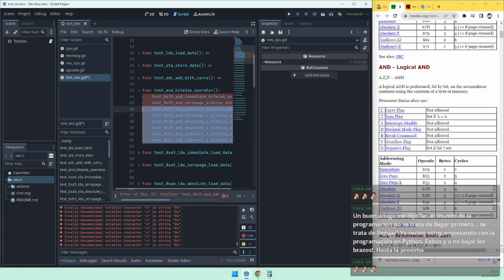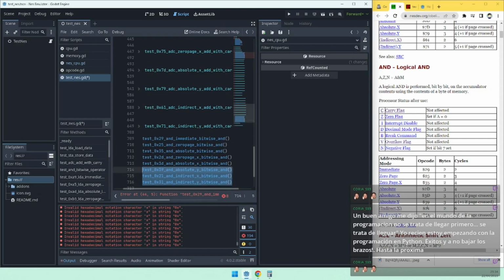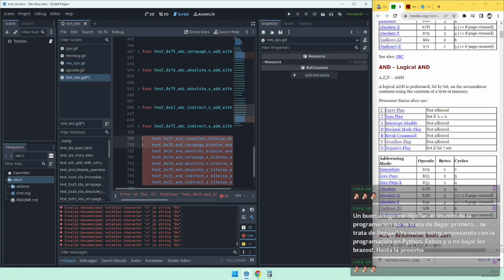Okay, looks correct. Copy, go to the bottom, paste, and start making massive changes.